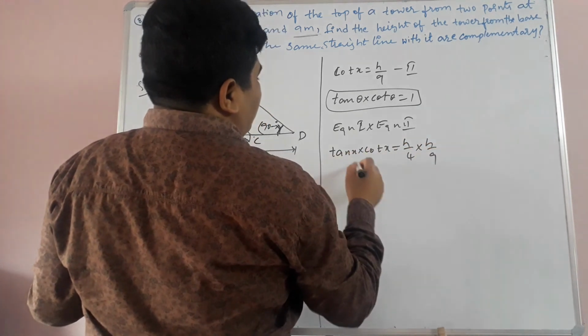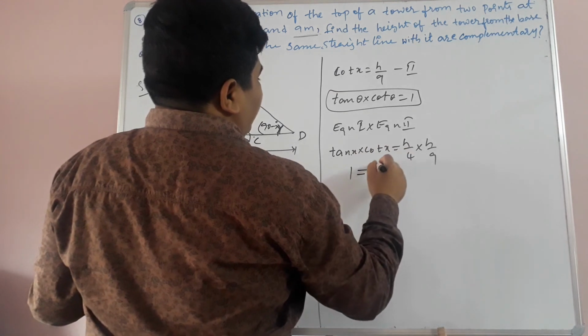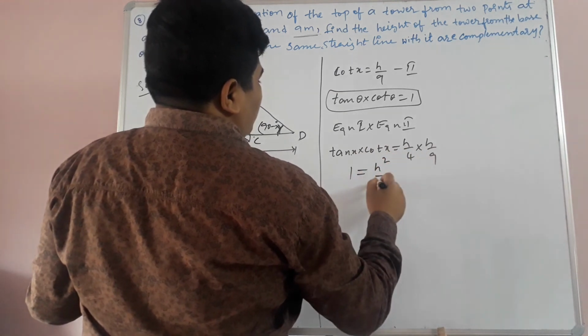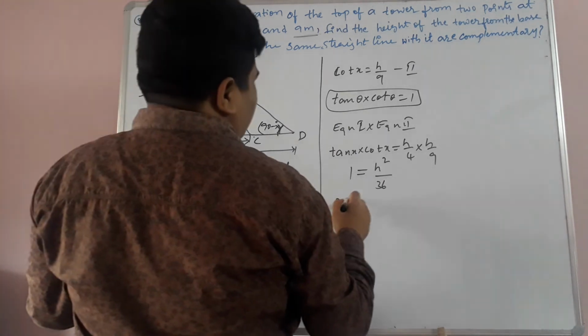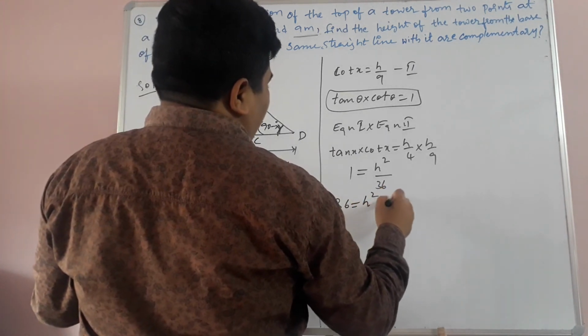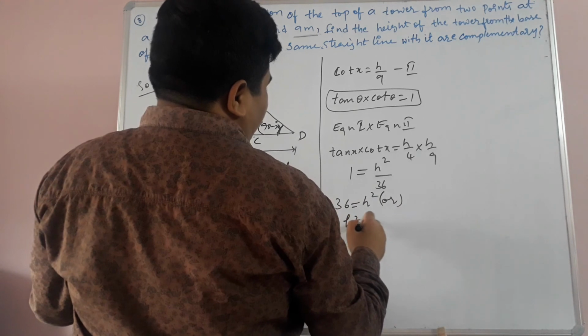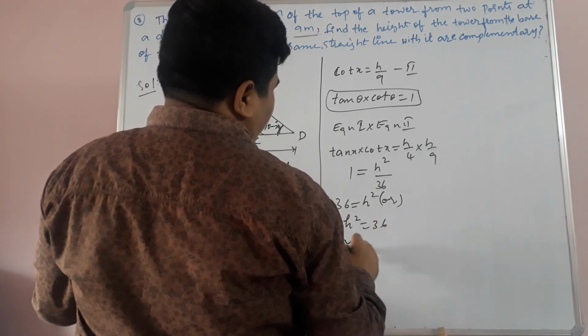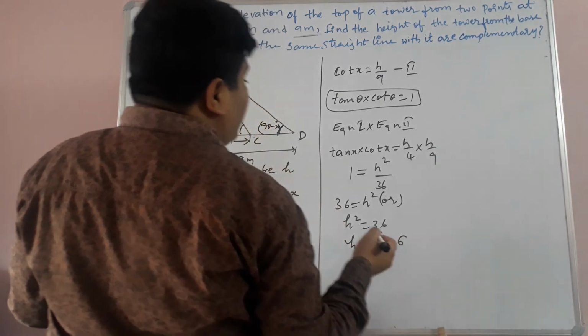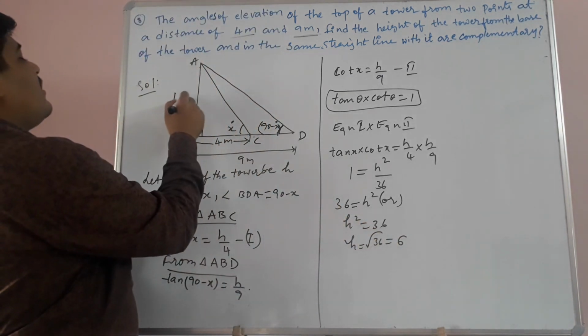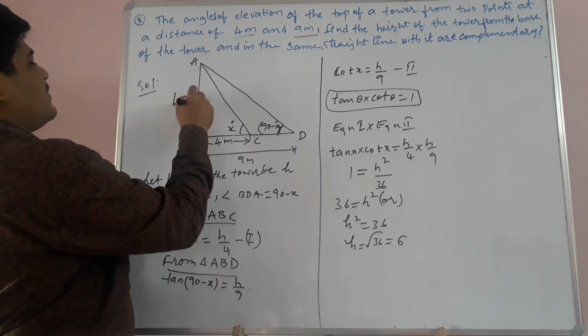Tan x into cot x is 1, and h into h is h squared over 9 fours are 36. Transposing 36 to the left-hand side, h squared is equal to 36. Taking the square root, the square root of 36 is 6. So children, the height of the tower is 6 meters.